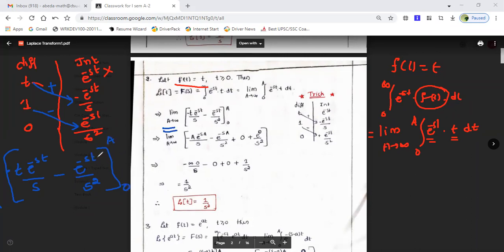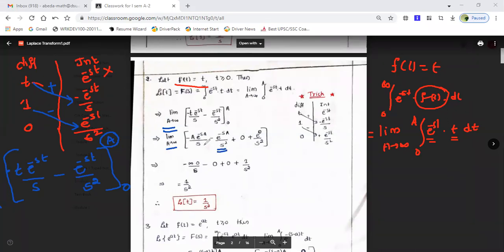Now wherever t is there, this observation you have to be very, very careful. Wherever t is there, first you have to apply the upper limit, that is a, and then you have to apply the lower limit, that is 0. So if I apply a wherever t is there, then I'm getting this term. You can see limit as a tends to infinity, this is t, so minus e to the power minus sa upon s, minus sign as it is e to the power minus sa upon s square, because I am applying the upper limit.